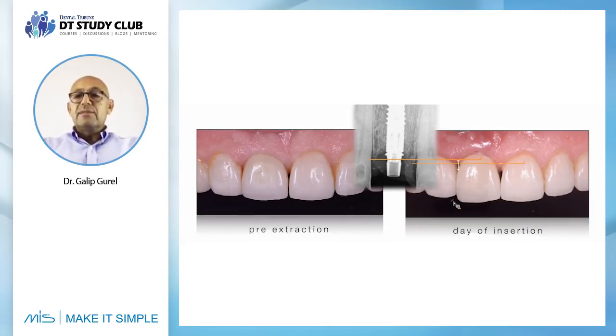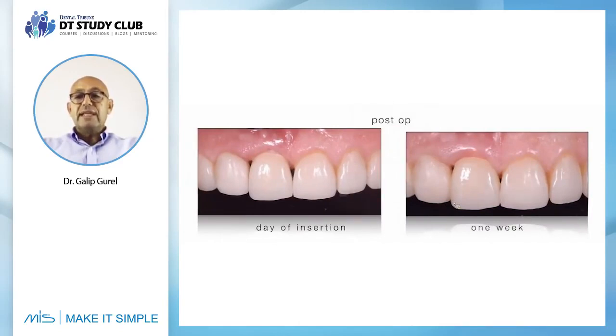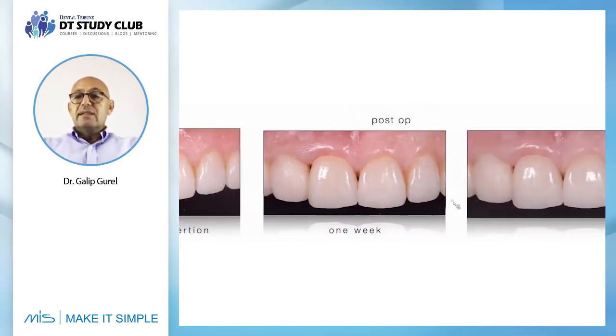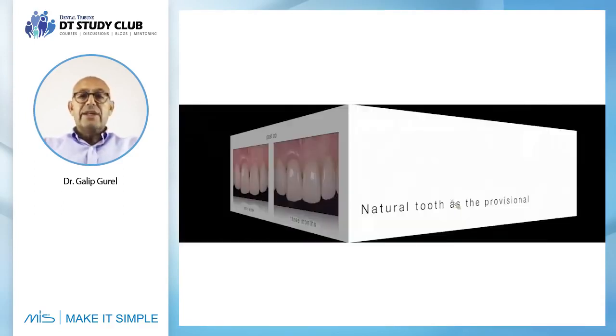And on the mesial papilla, the same thing. So all I need to do is to wait until this matures. And this is what happens in a week. And this is 3 months. And we need some more maturation to see the final result in the coming years.